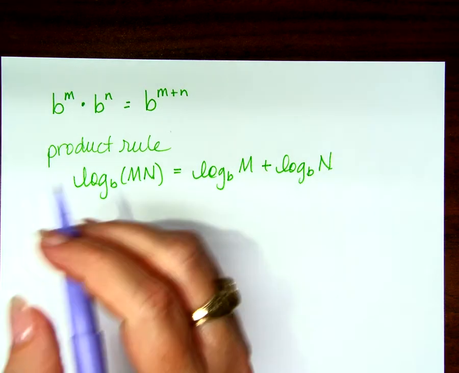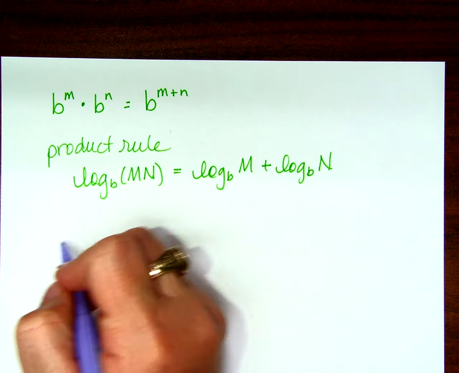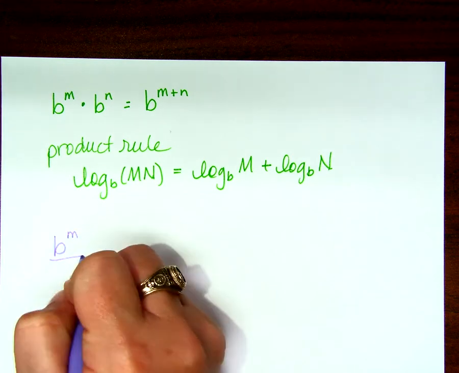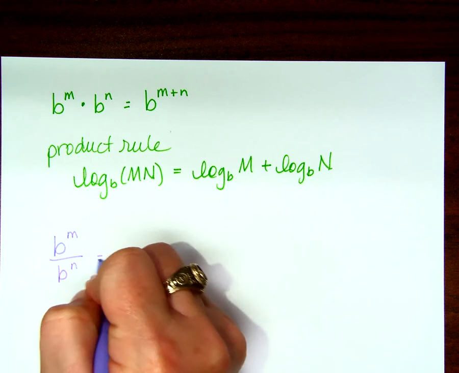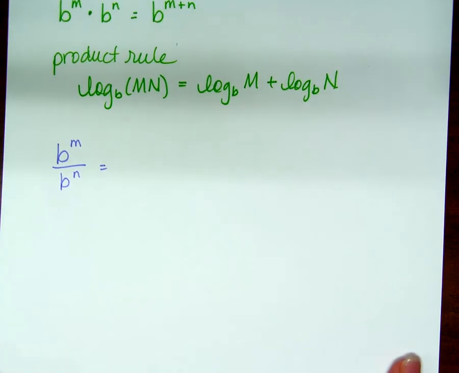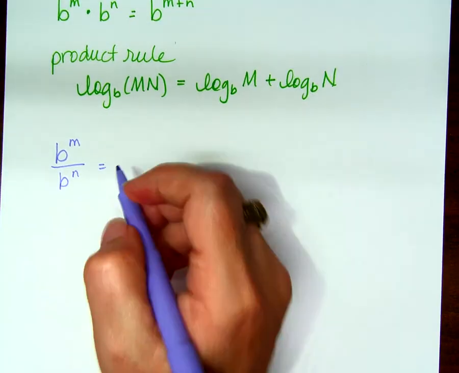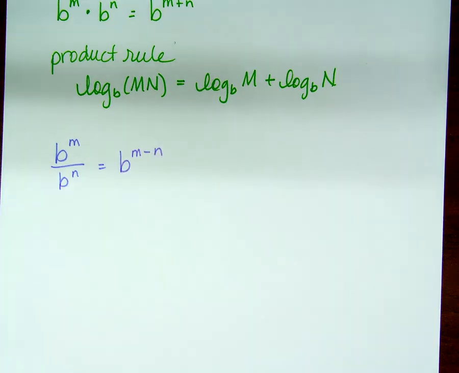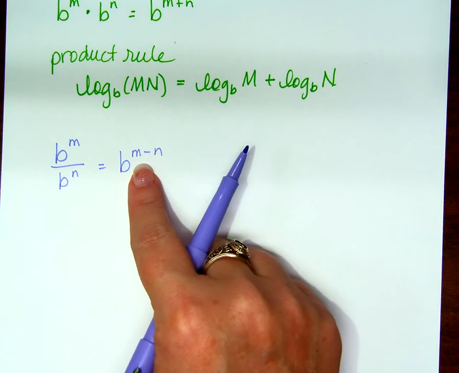So, what about this one then? b to the m divided by b to the n. When you're dividing like bases, what do we do with the exponents? Subtract, b to the m minus n. So that's the exponential side.